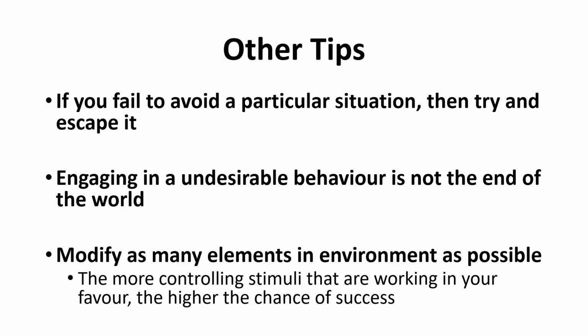And as I said, we often want to combine these antecedent controlling procedures along with differential reinforcement. So none of these concepts are standalone ideas. We want to do as many things as possible all at once to give us a better chance of success.